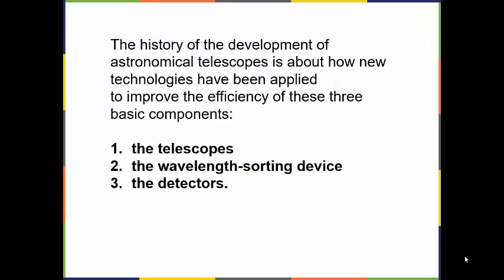The history of the development of astronomical telescopes is about how new technologies have been applied to improve the efficiency of these three basic components: the telescopes, the wavelength sorting devices, and the detectors.